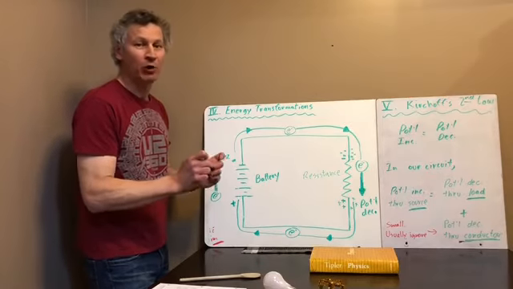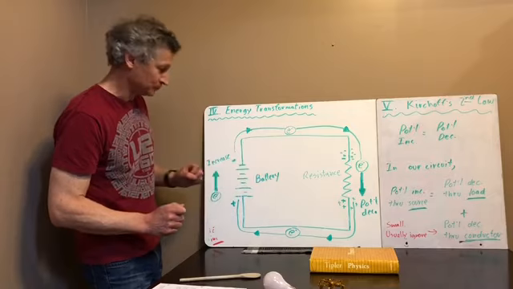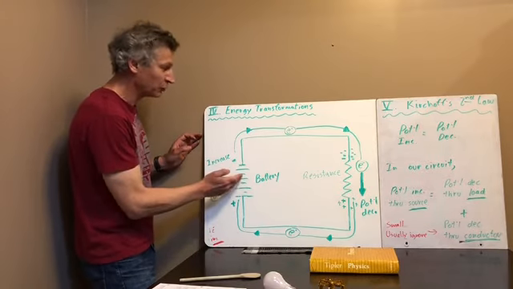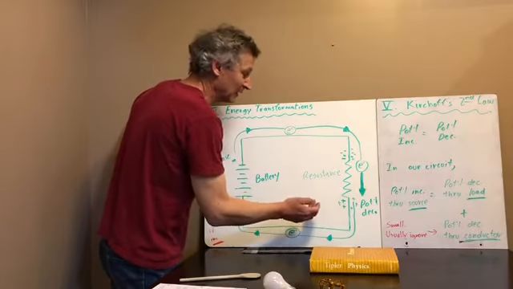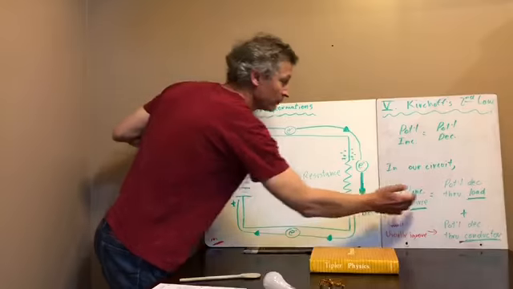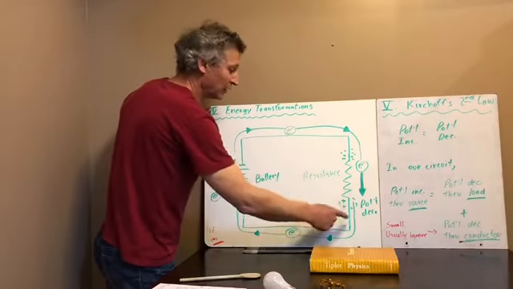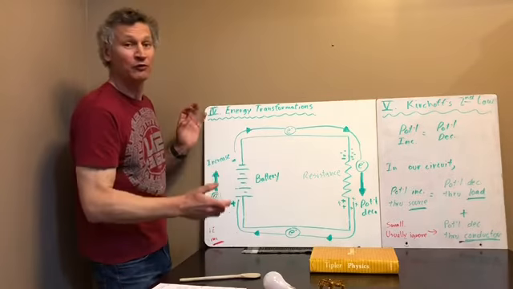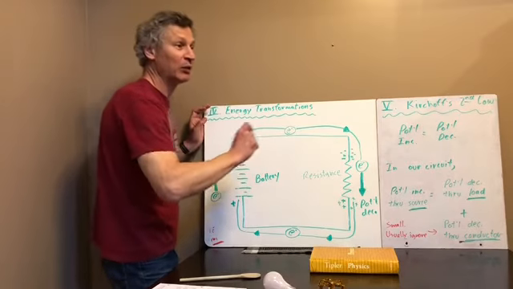And if you really want to be picky about it, if you're talking about this circuit here, the potential increase through the source is going to equal the potential decrease through the load, plus the potential decrease through the conductor. When electrons go through a conductor, they do of course run into the odd atom, cause it to vibrate a little.